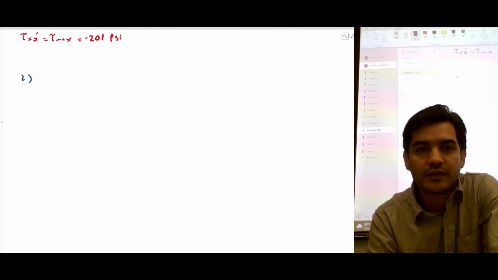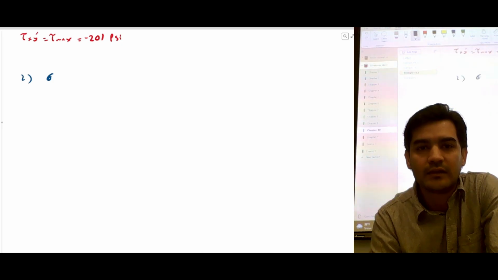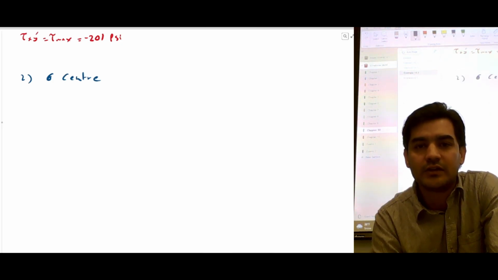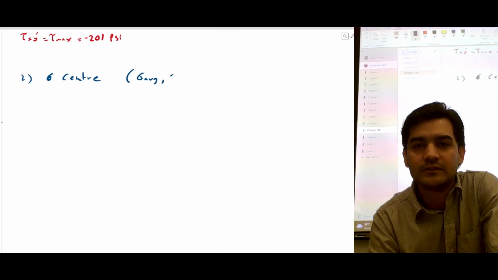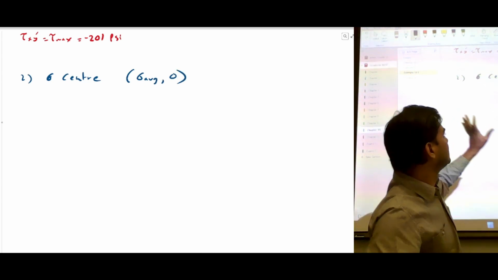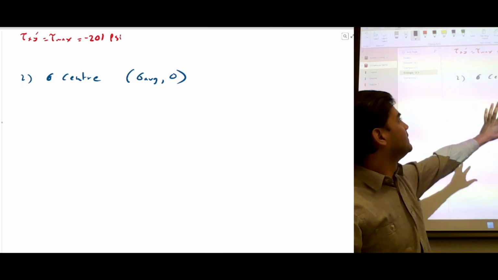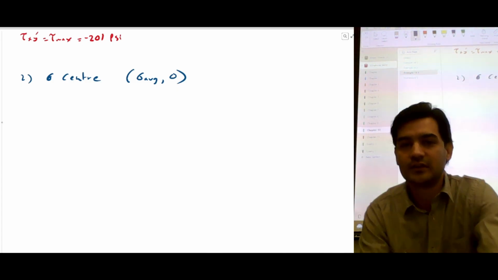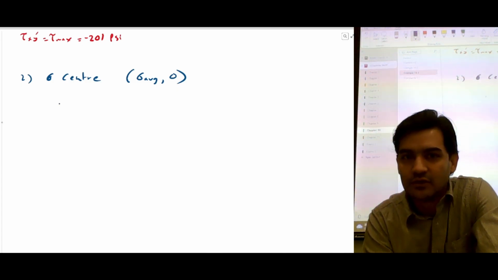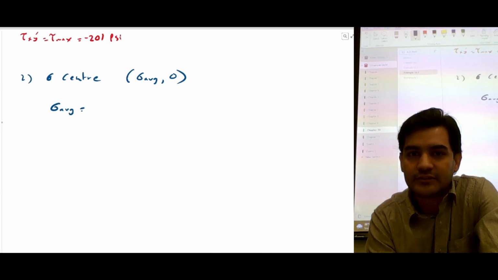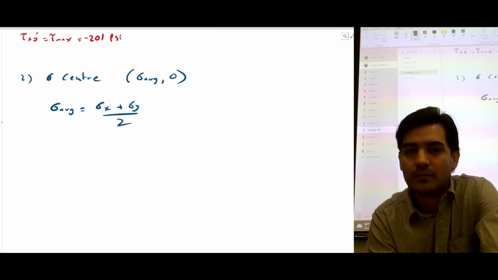So the second step is we have to calculate the center, and the formula is stress average and zero. So what is stress average? Stress average is basically stress x plus stress y divided by 2.